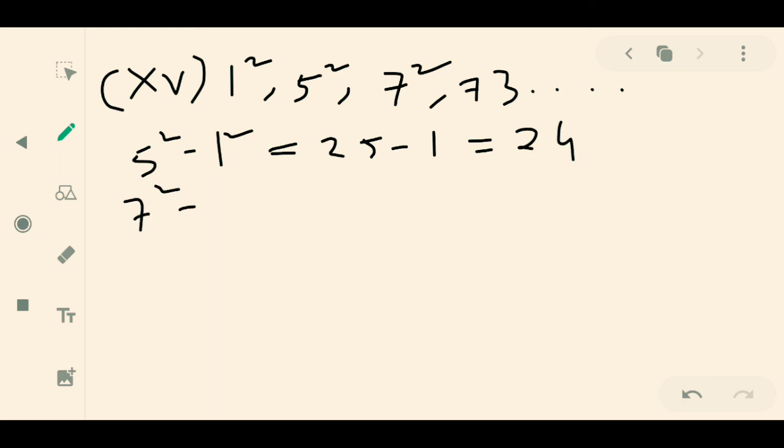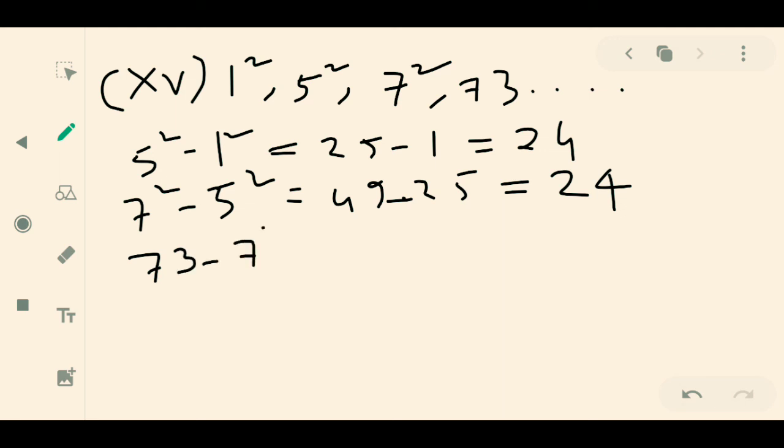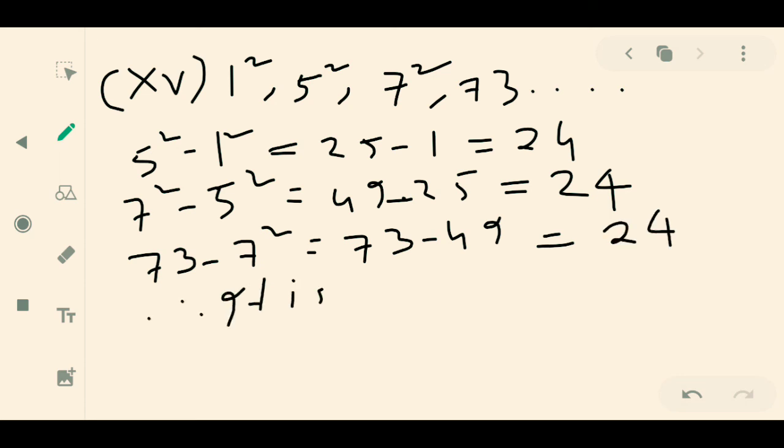Then 7 square minus 5 square, 49 minus 25, it is also 24. Now 73 minus 7 square, 7 square means 49, and here also you will get 24. So therefore it is in AP. Why is it in AP? Because the common difference is the same, and that common difference is 24.